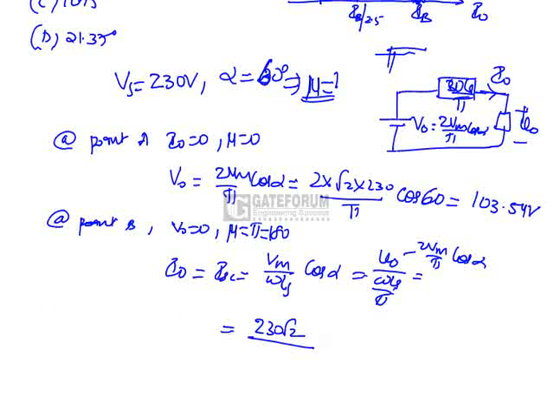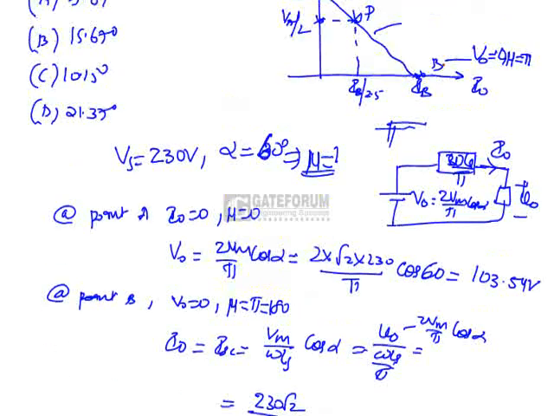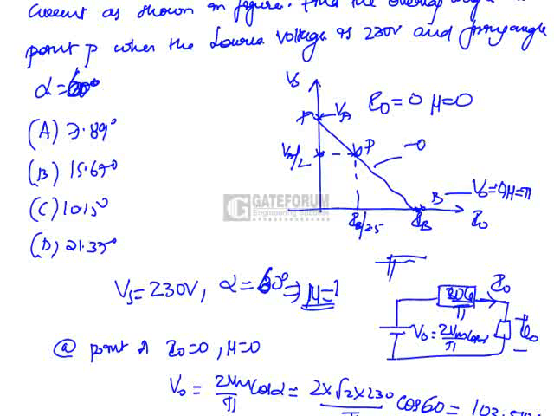In the question he has given the slope of this line as minus 0.033. The slope of the line is omega Ls by pi, so we take omega Ls by pi equal to 0.033. Now what is omega Ls?